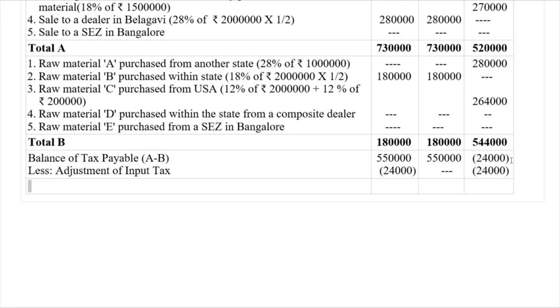So the difference, or the net GST payable, will be: CGST is to be paid by rupees 5,26,000, whereas the SGST to be paid by the dealer is rupees 5,50,000, where here it is nil.